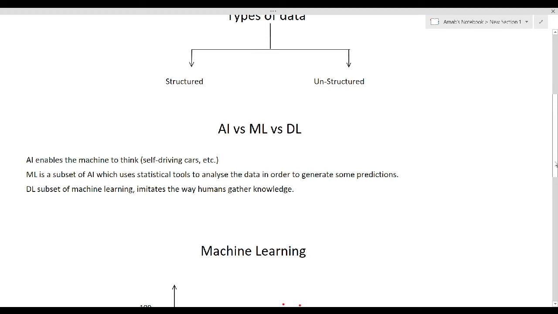Machine learning is a subset of AI which uses statistical tools to analyze the data to be able to generate some form of prediction. Deep learning is a subset of machine learning. The main goal in this is to create multi-layer architectures which are able to imitate the way that humans gather knowledge. So the main goal in artificial intelligence is to train the computer in such a way that it can perform a task with minimal supervision.